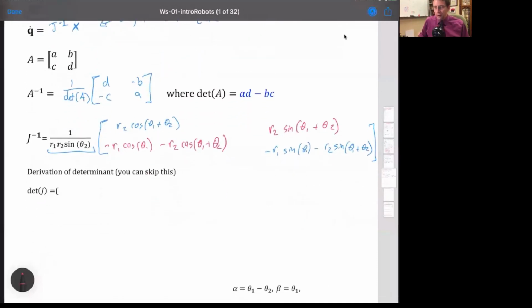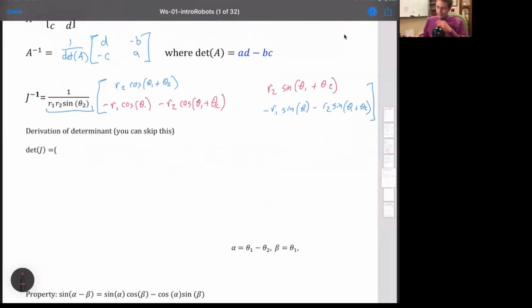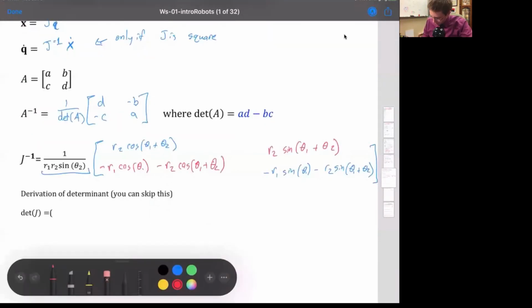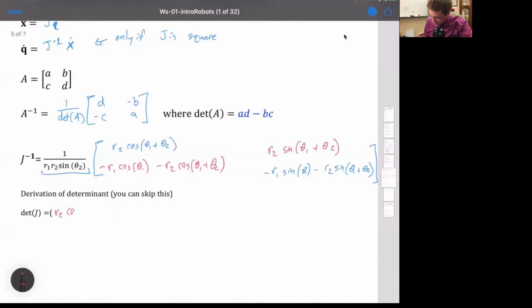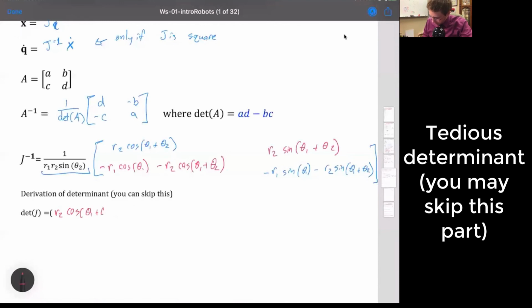And so now the part that I promise you can skip is the determinant of this. Remember, the determinant is just AD minus BC, but you get R2 cosine of theta 1 plus theta 2, this quantity, times negative R1 sine theta 1 minus R2 sine theta 1 plus theta 2.